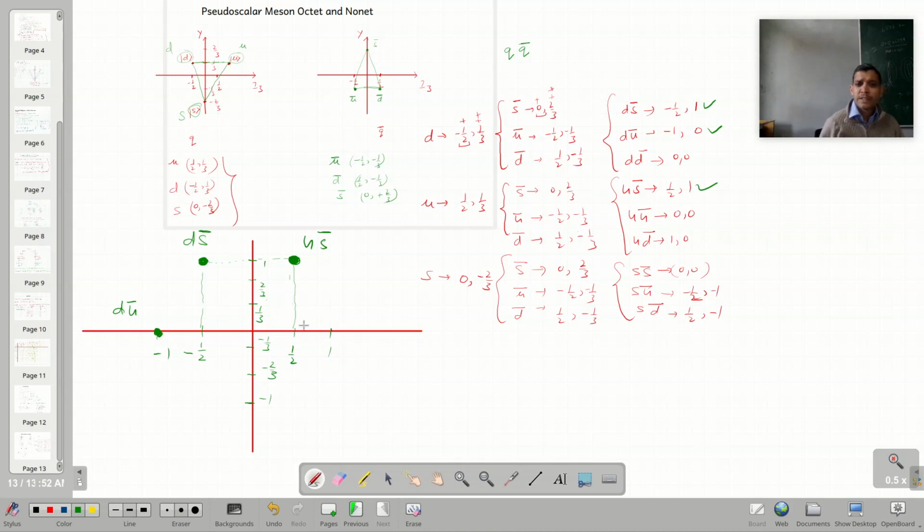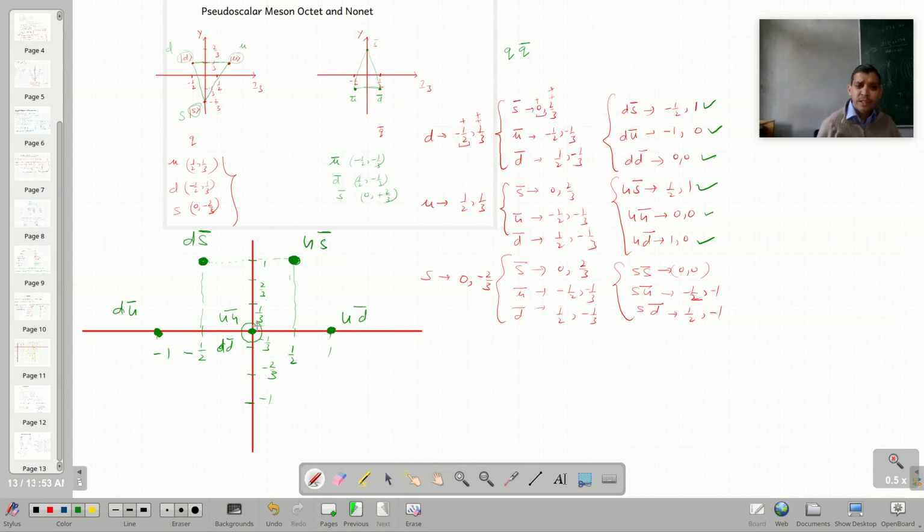And here dd bar will be, this point will be lying here, right? So it is dd bar. And then this uu bar is also lying at the same position, so it is uu bar, and this is 1 0, so 1 0 will be this point, so it is ud bar.